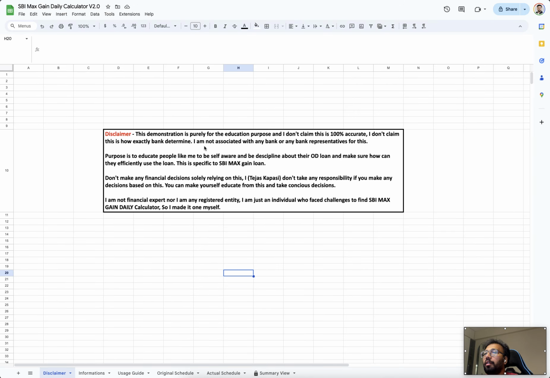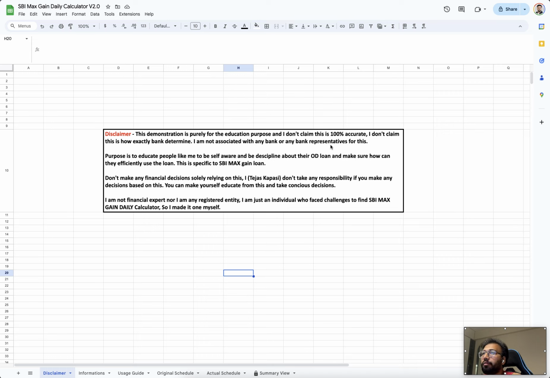So the disclaimer, again: it's purely for educational purposes, and I don't claim it's 100% accurate. I don't claim to have any association with any bank, nor do I know any person in the bank who guides me on this. It is purely based on my own knowledge and experience over time. I built this calculator, added some parameters, and modified things based on my experience.